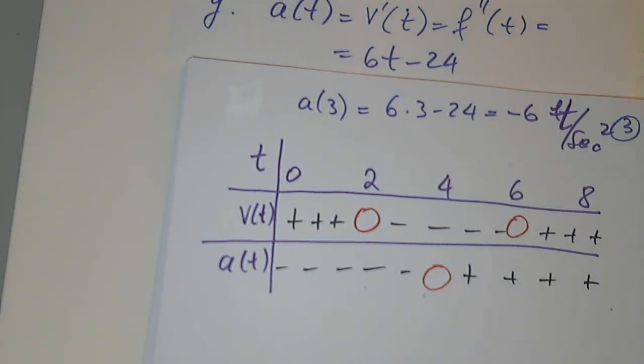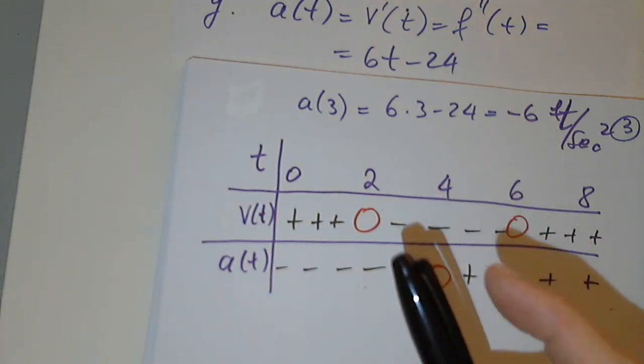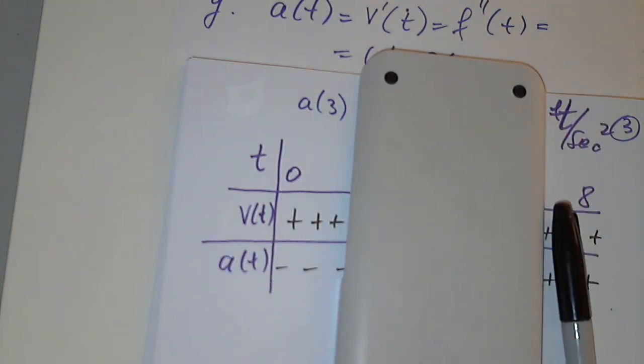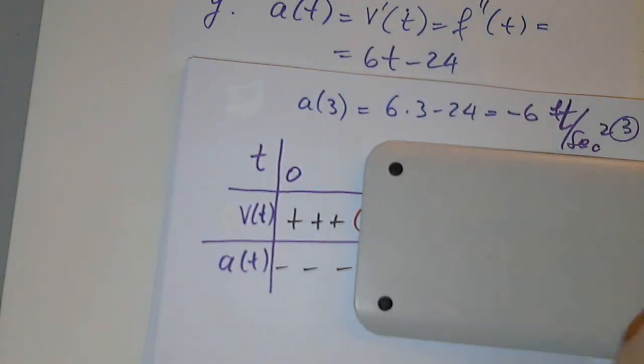Obviously, we see here we have several subintervals. We have a subinterval between 0 and 2, another subinterval between 2 and 4, another one between 4 and 6, and another one between 6 and 8. Agreed? Okay, now, let's see what happens on the first subinterval. On the first subinterval, the velocity is going in the positive direction, but the acceleration is against this force.